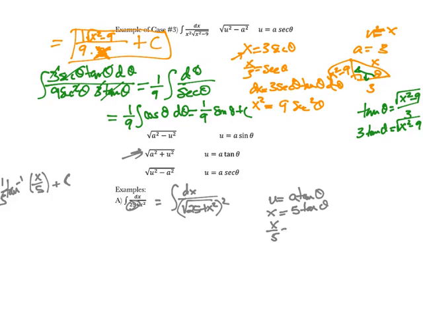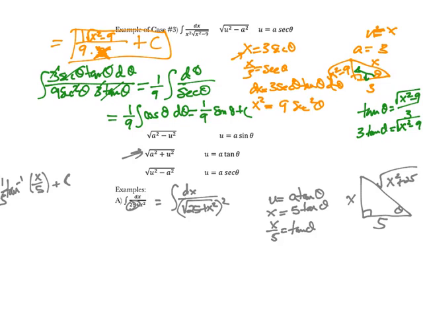So x over 5 is tangent theta. If I draw a right triangle, tangent is opposite over adjacent. That means my hypotenuse is the square root of x squared plus 25. Doesn't really matter which way you do it.